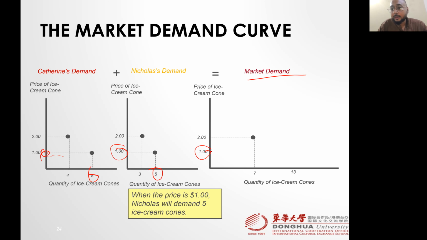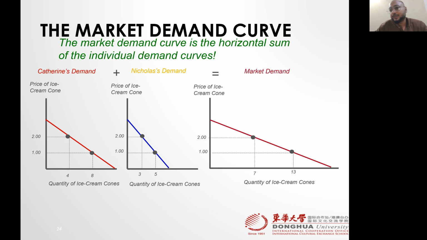At price 2, Nicholas wants to buy 3 and Catherine wants to buy 2. The total market is 7. Here is the answer. If you just add all those, we have individual demands and we have the market demand. See? But the shapes are different, right?